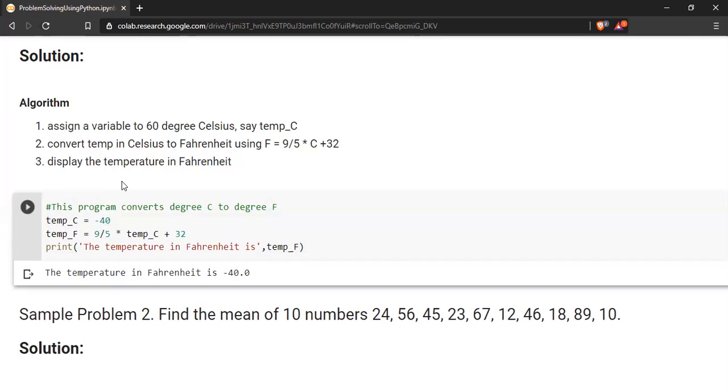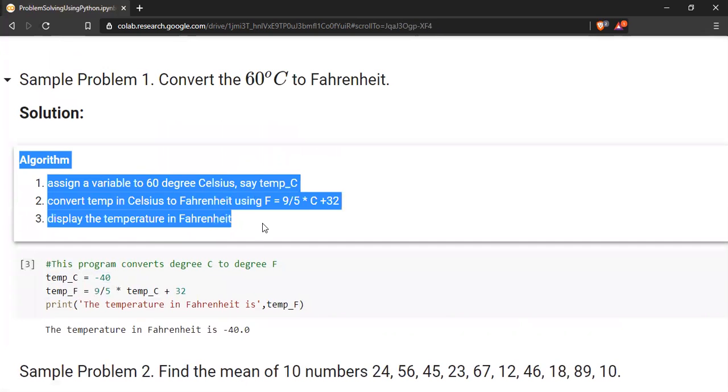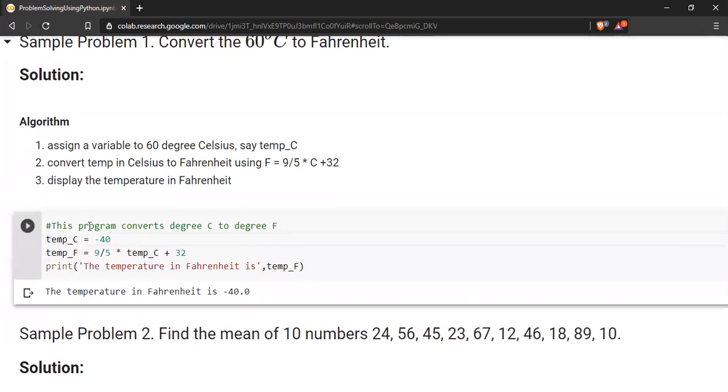Okay, that's it for our first problem. So what did we do in our first problem? We solved the problem first by creating an algorithm. After creating an algorithm, we created our code. The code was based on the algorithm that we have created.